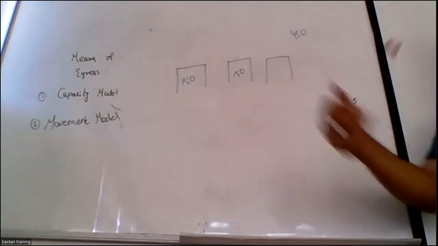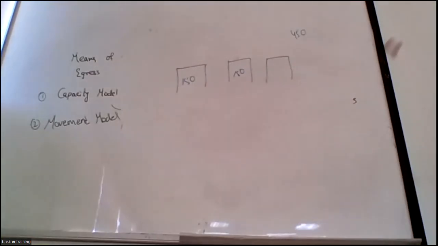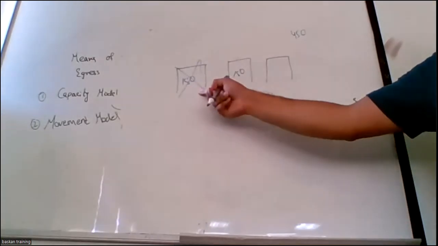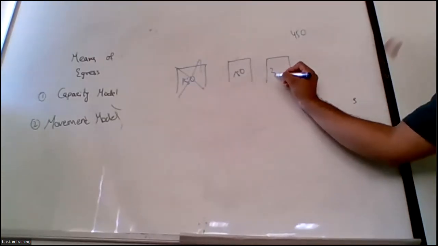What should be the capacity of the third door? 150? Anyone else? We have to always consider a worst case scenario. More than 150. Why? Because if one door is blocked, where will these people go? So one door should always have double the load.